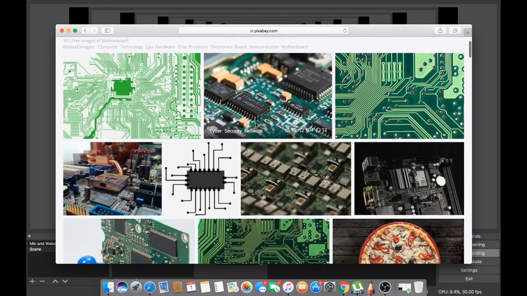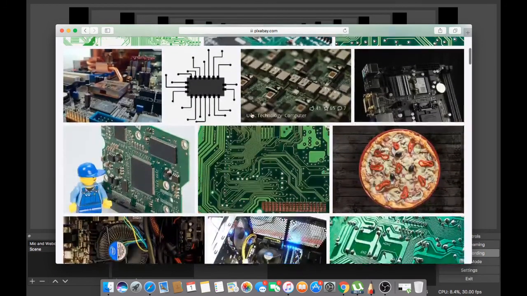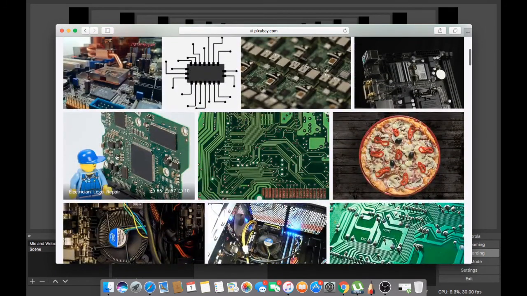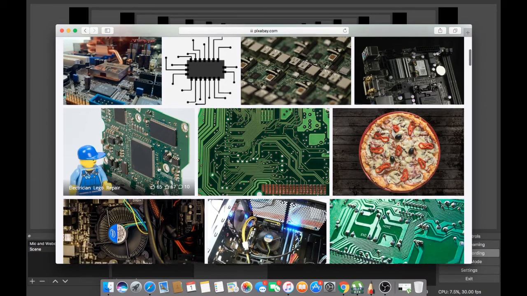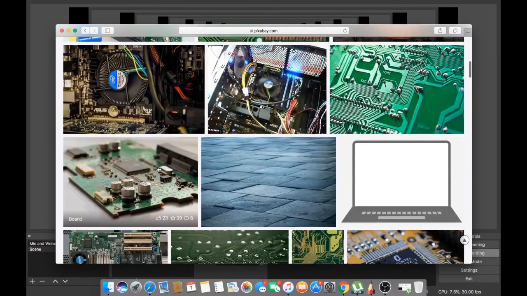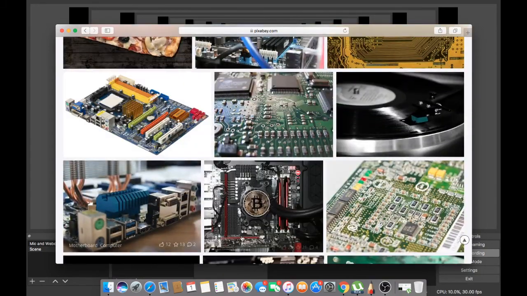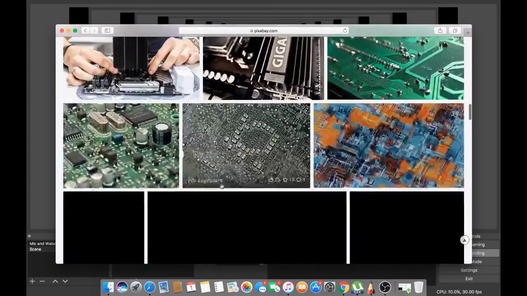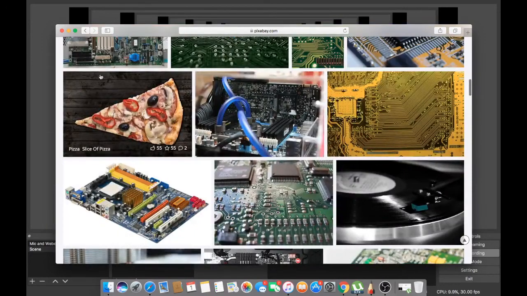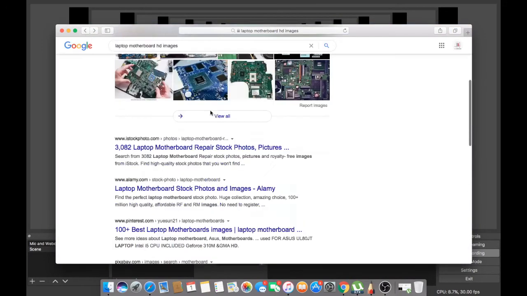Okay, hope you can see. These are ceramic capacitors. Here I don't have a picture for a laptop.